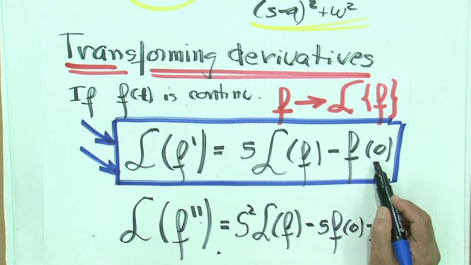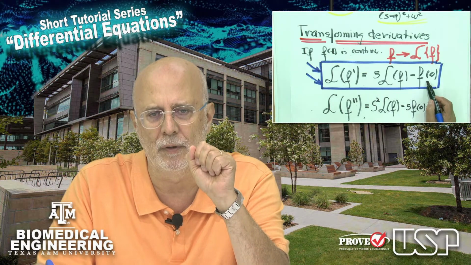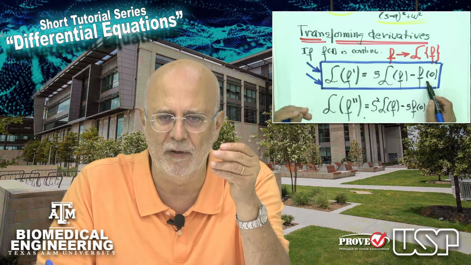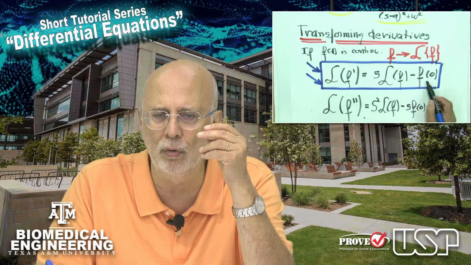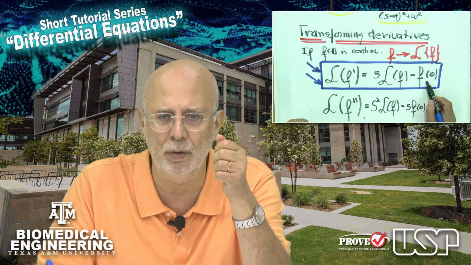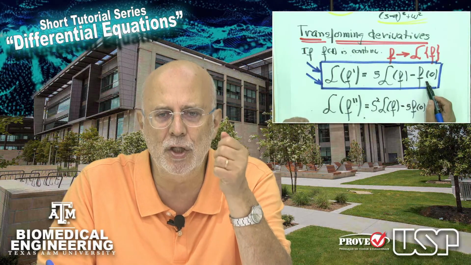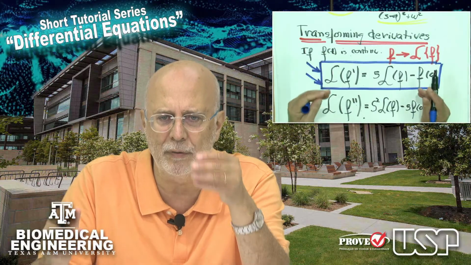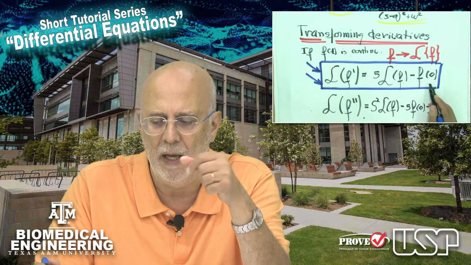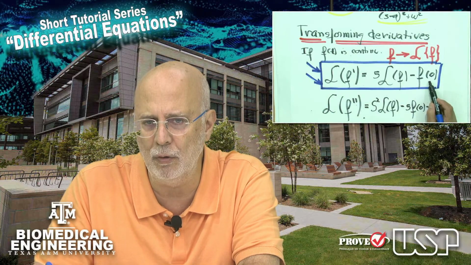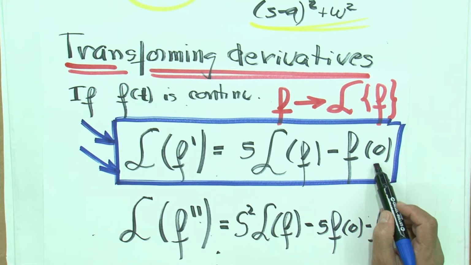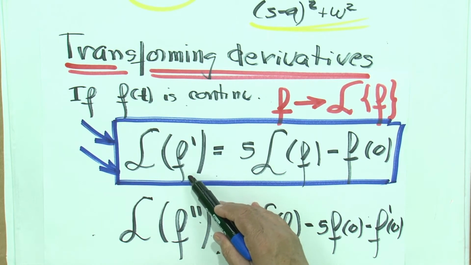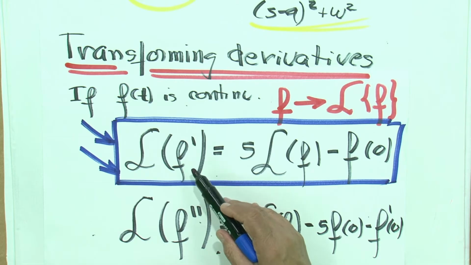Here it is very important to know that when I give you a derivative of a function, you are only going to know the function if I give you an initial value, or a boundary condition. And here you have to know the value of the function at 0 to be able to get the Laplace transform of the derivative.